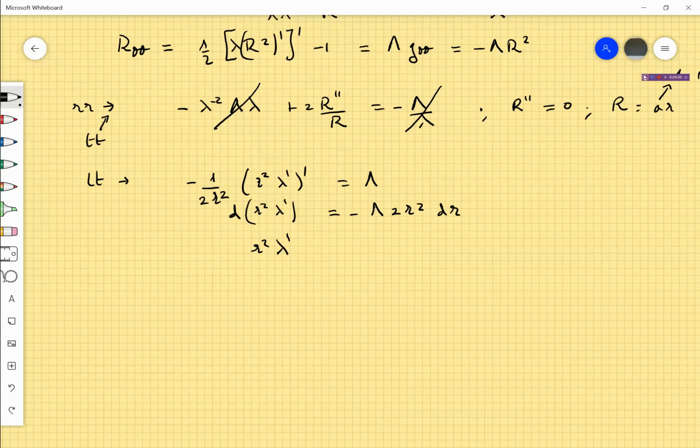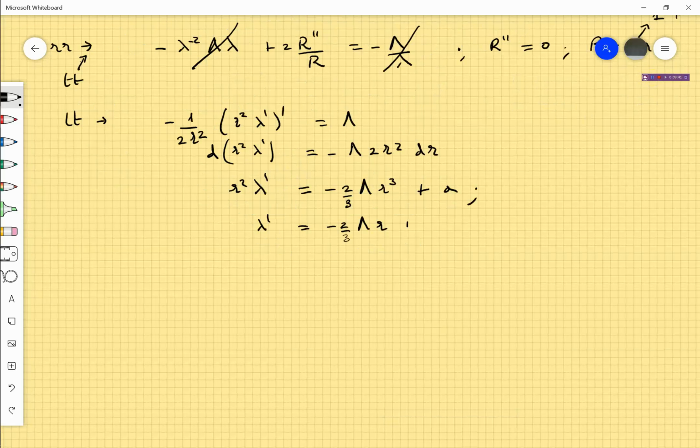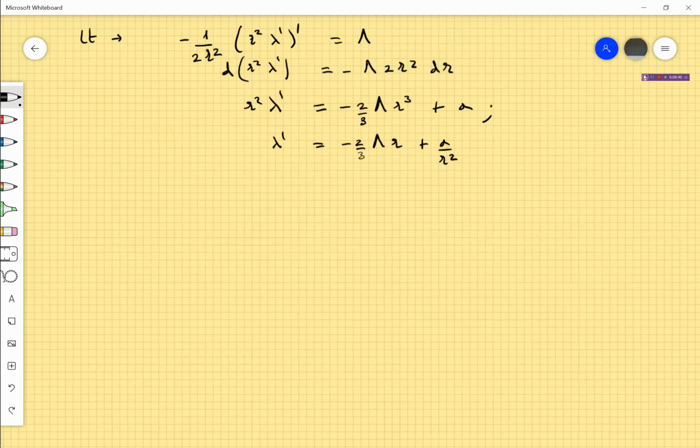This gives us immediately this, and this is minus 2 divided by 3 capital Lambda r cubed plus a divided by r squared, and this again can be integrated immediately. This is the lambda dr, so we just multiply all this by dr and we integrate both sides.